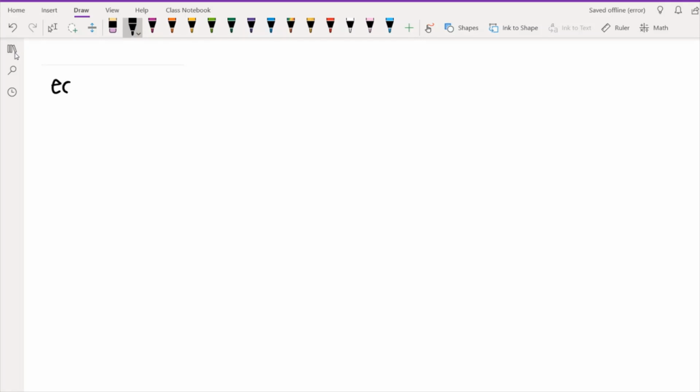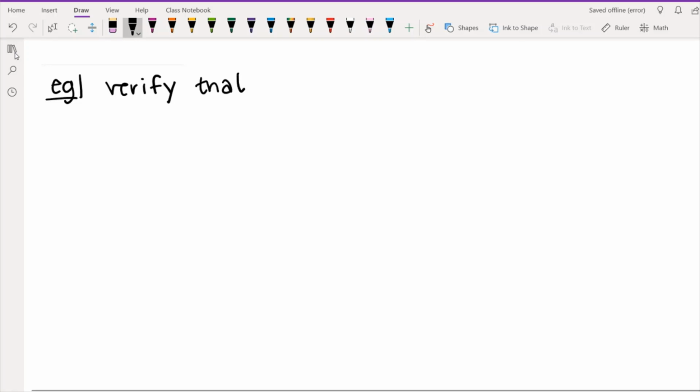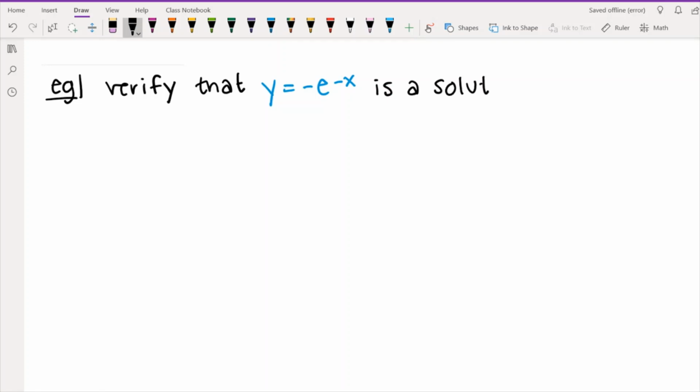So the first example I want to do is verify, and I'm going to use some color coding here, that y is equal to negative e to the negative x is a solution to the following differential equation: 2 times y double prime plus y prime minus y is equal to 0.